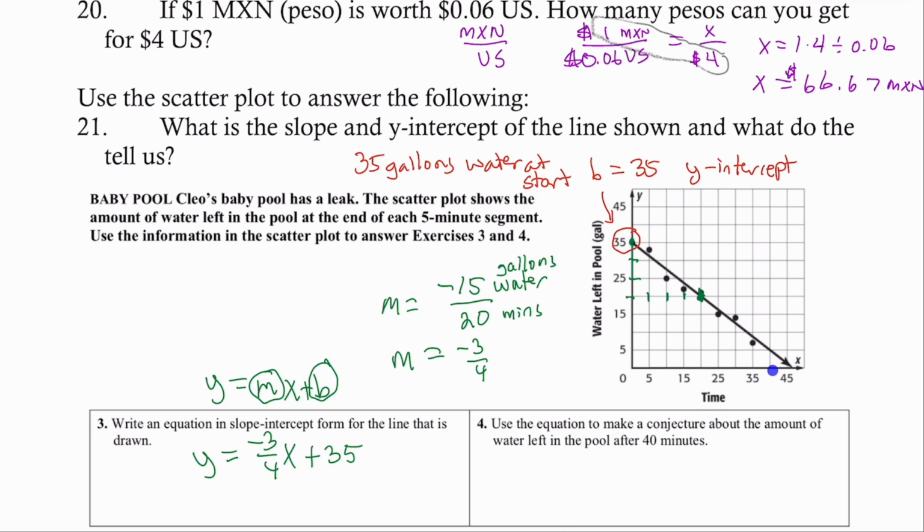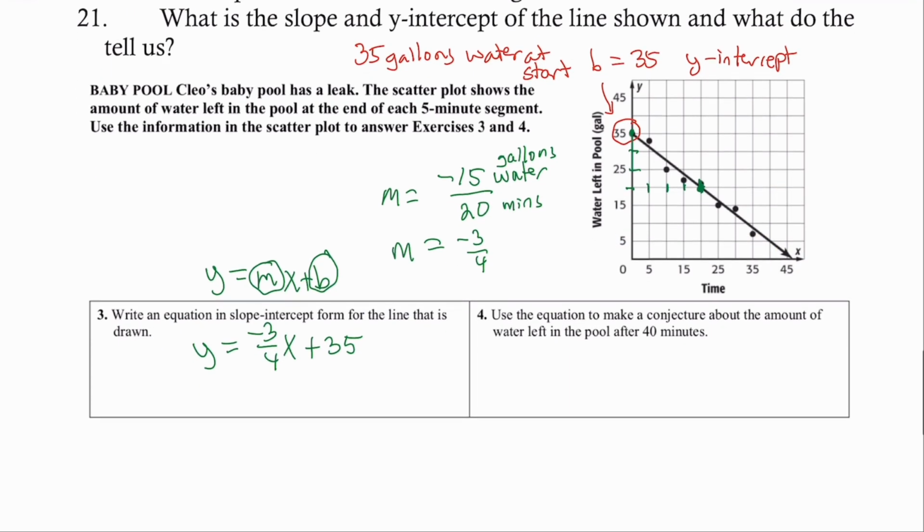Well, after 40 minutes is right here. It looks like it's going to be about 5 gallons should be left, but let's use the equation to show that. So remember, we're thinking that the time is 40. Remember, x's are our times. So let's stick 40 in. Let's see what we get.